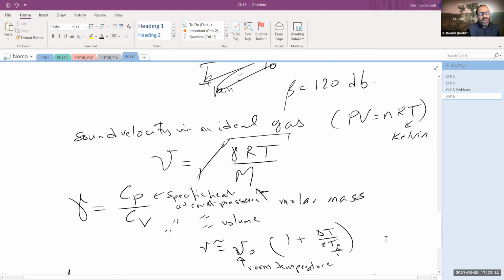And the ear has this tendency. We humans can hear only certain sounds of a given frequency, from 20 hertz all the way to about 20 kilohertz, 20,000 hertz. Okay, so that is the range of frequencies that we can hear.